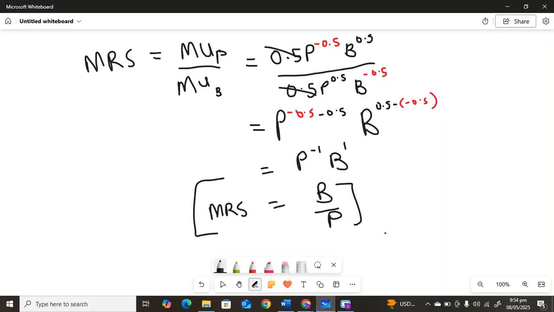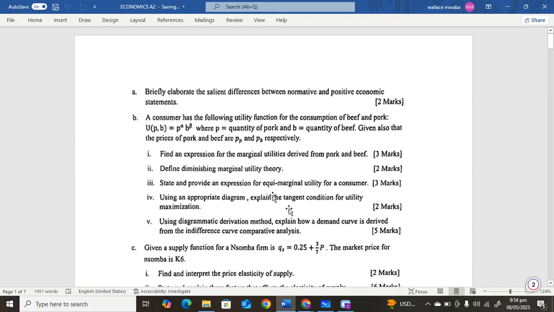I'm recording. So this, let's hold it because we're going to use it later. Part 3 of the question says state and provide an expression for equi marginal utility for a consumer.